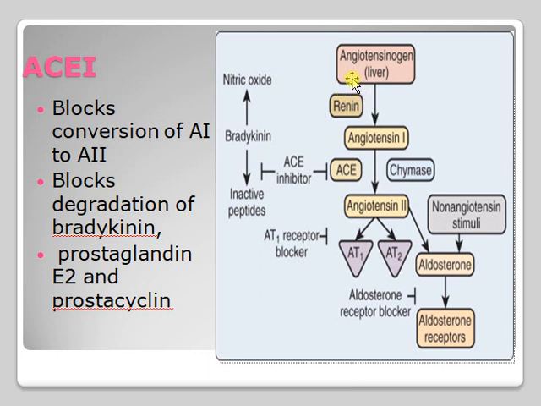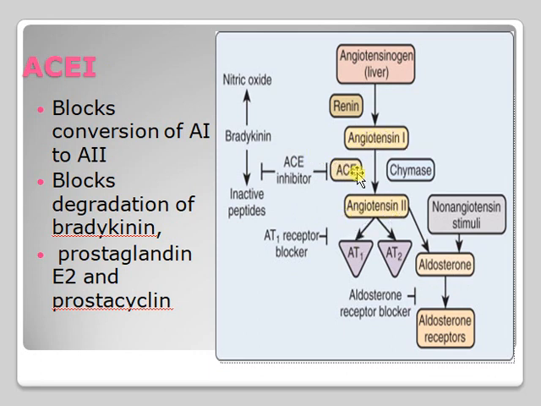So we can prevent or block this step, or we can prevent the binding of the synthesized angiotensin 2 to the AT1 receptor. And we can further break the synthesis of aldosterone also. In this case, the ACE enzyme plays a role in the conversion of angiotensin 1 to angiotensin 2.